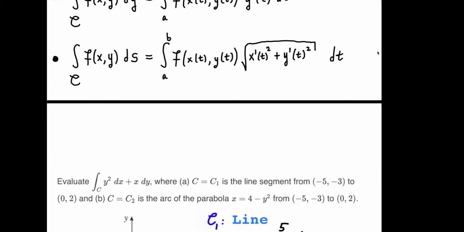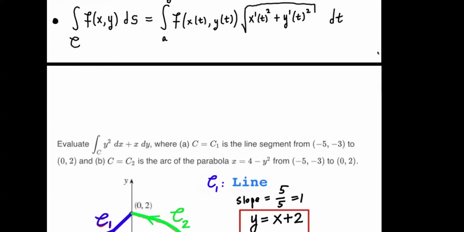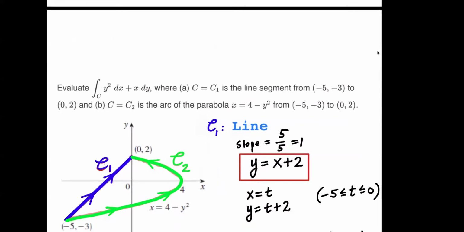And then in the second case, C is the arc of a parabola, this parabola, which goes over the same two points. So we have two different curves connecting the same pair of points. And we want to compute this integral in two different ways. So first along this curve, and second along this curve.